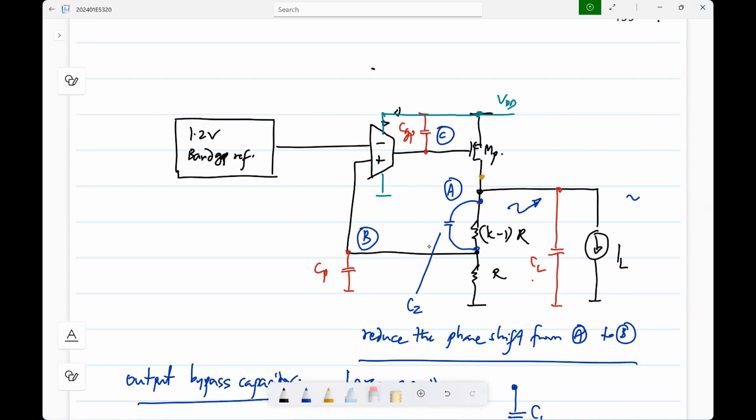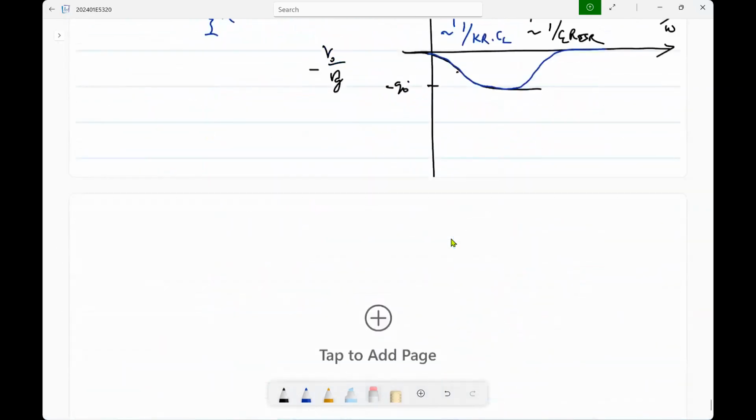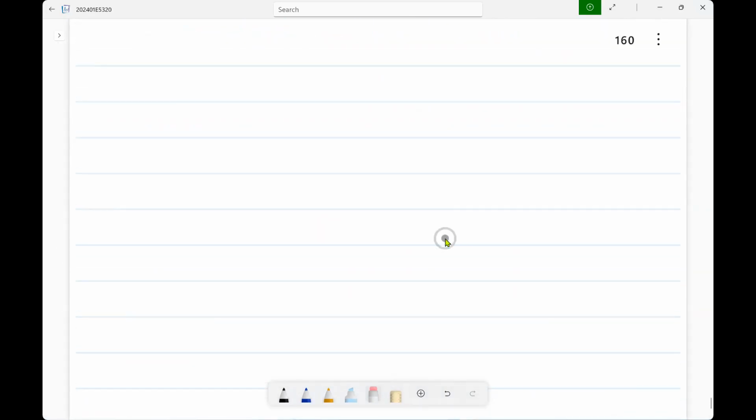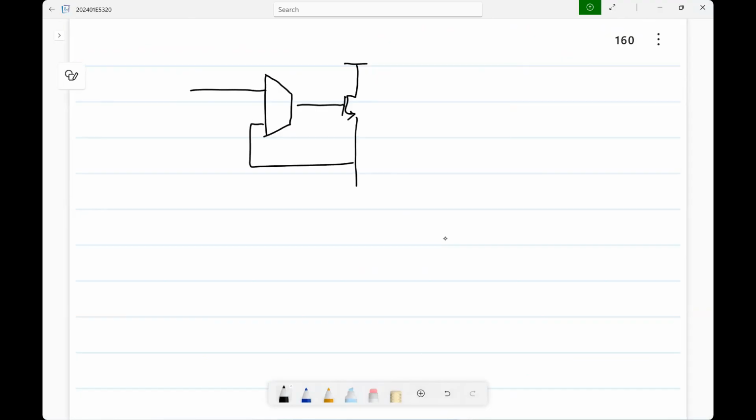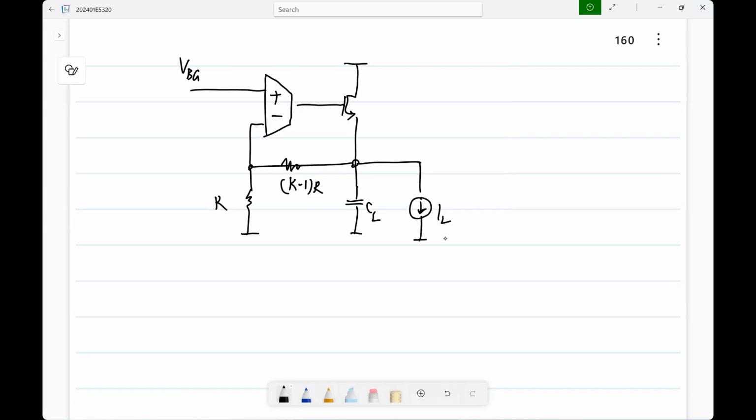This is not the only way to make a voltage regulator or a pass device. You can do other things which may have other better properties. For instance, you can use an NMOS pass device. This is the band gap reference, and you can have a gain. And you have your load and the capacitor and so on.